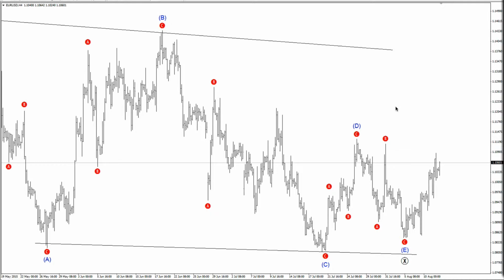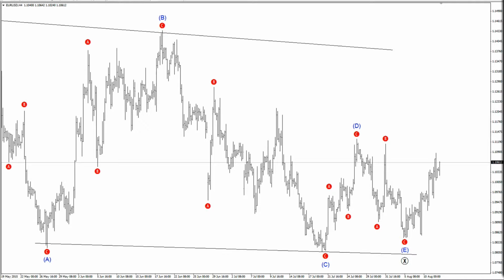Key levels on Euro USD. On the upside, 111.2 is the next resistance area and the hurdle for this pair to pass through. On the downside, immediate support level comes at 109.6.